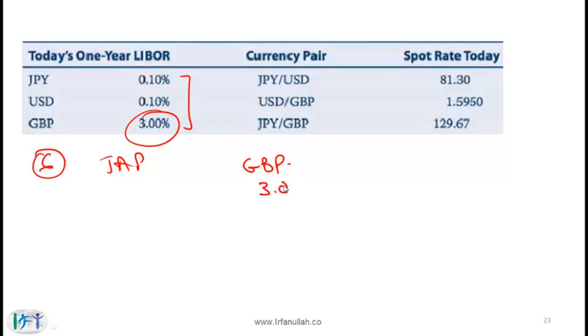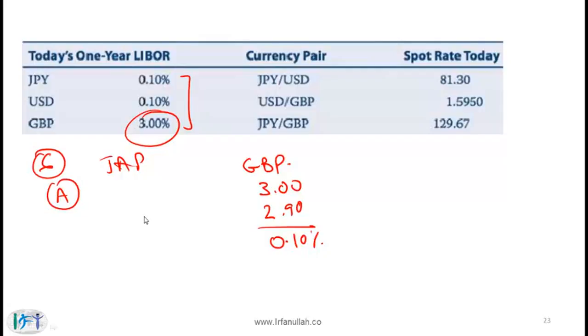So the UK investment will give you 3%, but from a currency perspective, you are going to lose the differential of 2.90. So overall, your return will be 0.10%. So the correct answer for 6 is A.